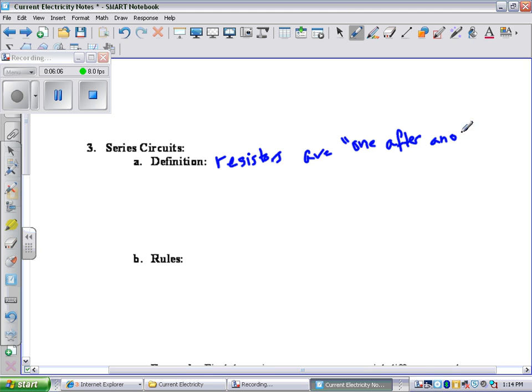Just like a series of movies comes out one after the other. The first movie might come out one year, and then the second movie a couple years later. They don't come out all at the same time. You're going to see that there is going to be only one path for the current to take.